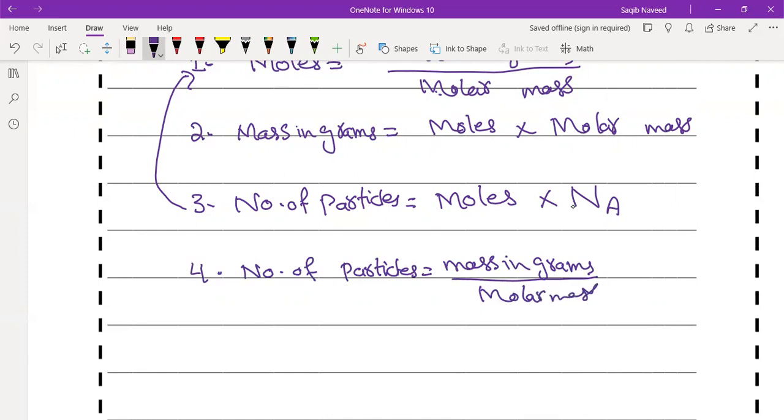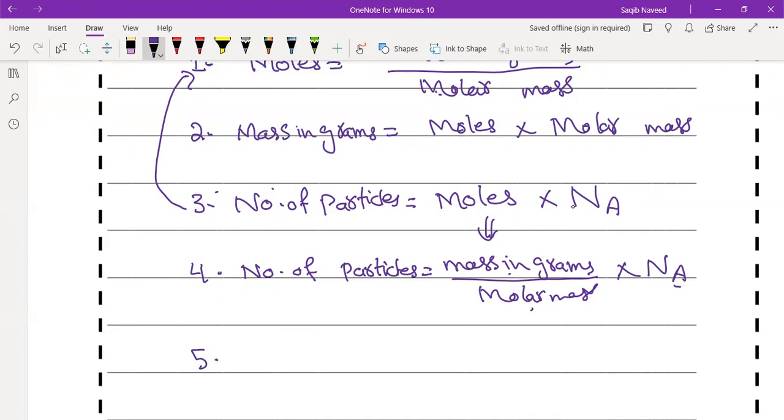So why am I writing this? I'm writing this instead of mole, and the rest is same as formula number three. So if you are provided with moles and you have to find particles, you will use formula number three. If you have mass in grams, you will get the molar mass. Avogadro is the constant. You can find the number of particles.